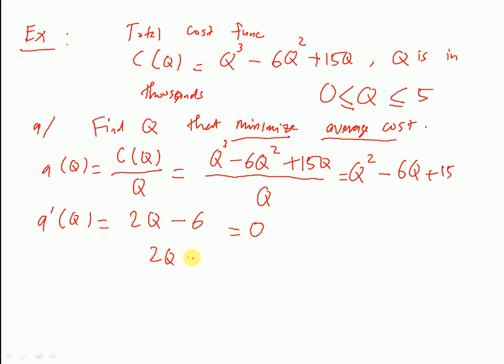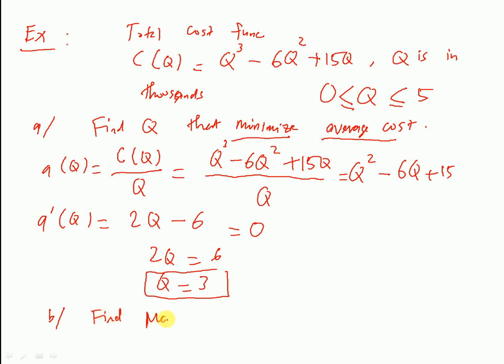So 2Q equals 6, or Q equals 3. So Q equals 3 is your critical point, which is the point that will minimize the average cost. So Q equals 3, or 3,000 units.